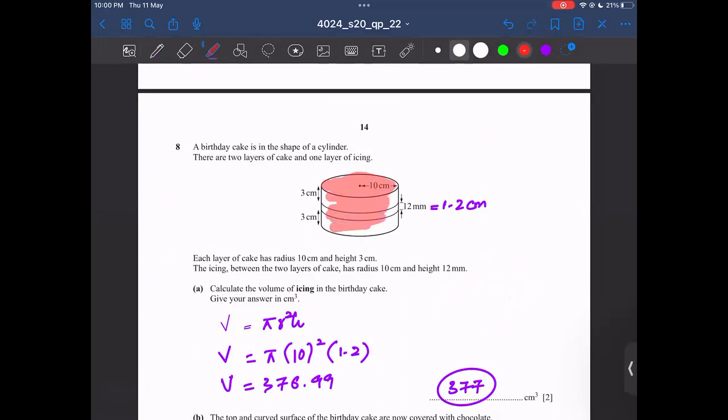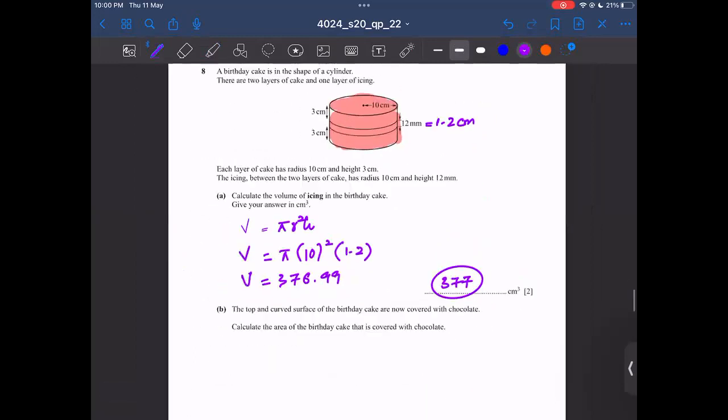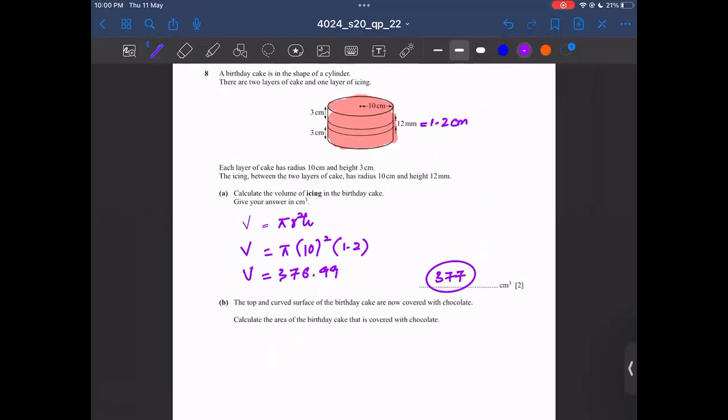This whole is covered with the chocolate. So if you want to find out the area, the top surface area is going to be pi r square, since the top is a circle. And the curved surface area is going to be equal to 2 pi r h.